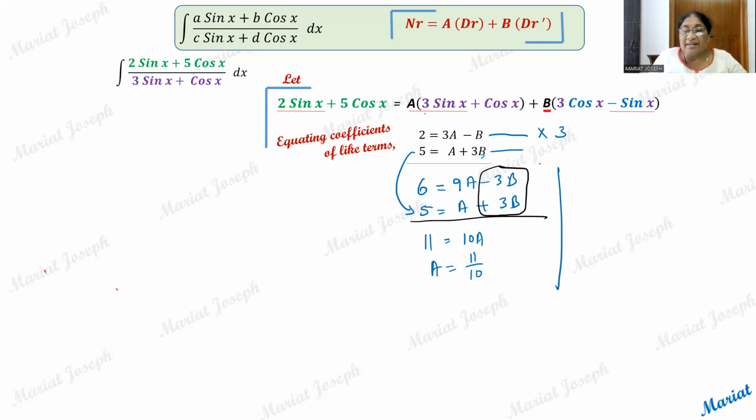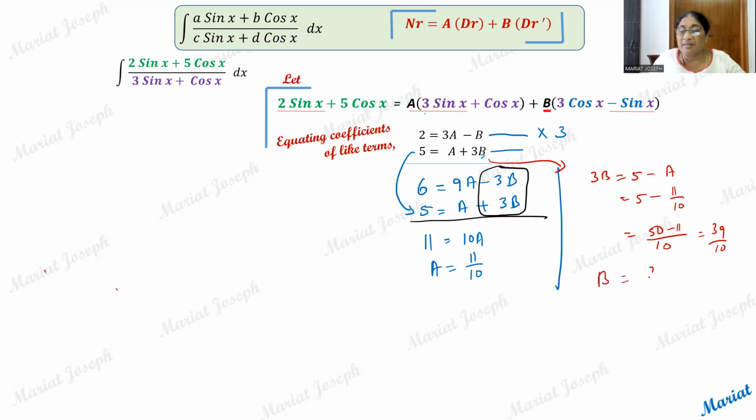Now what is b then? I think we can go from the second equation. From the second equation, 3b is equal to 5 minus a, that is 5 minus 11 by 10. 10 is the LCM, 50 minus 11, that is 39 by 10.